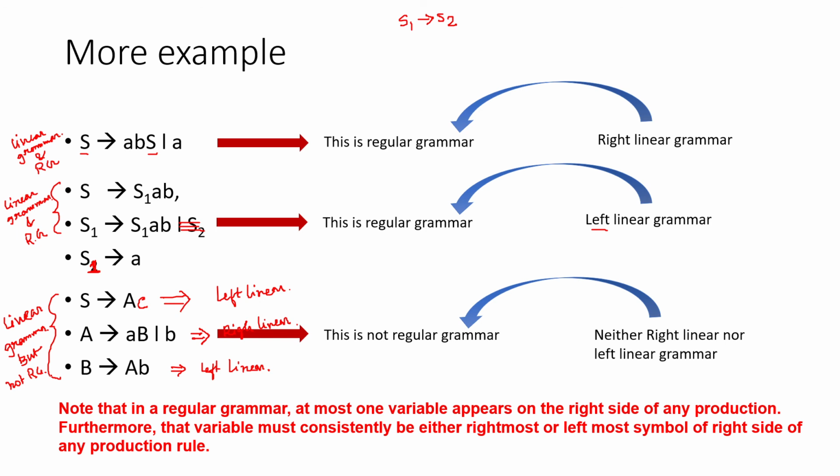For a linear grammar to be regular, the production rules of the grammar should follow that either the rightmost or leftmost symbol should be in the right side of the production rule. That is important. So this type of question sometimes comes from this point.